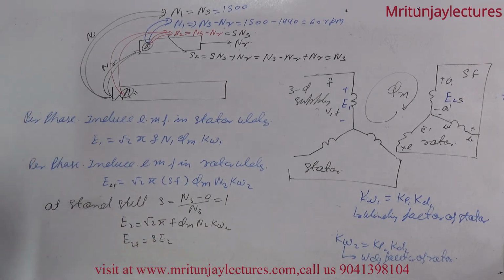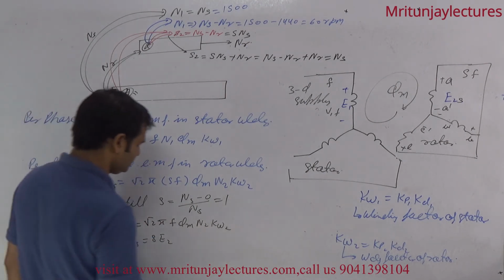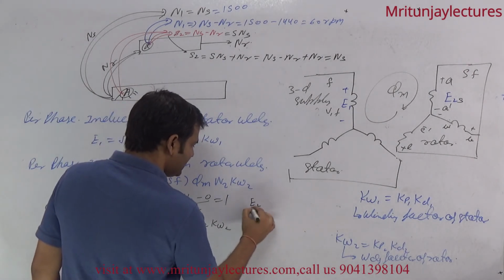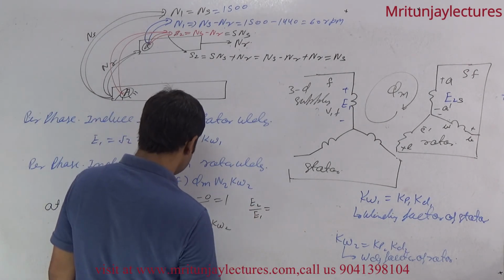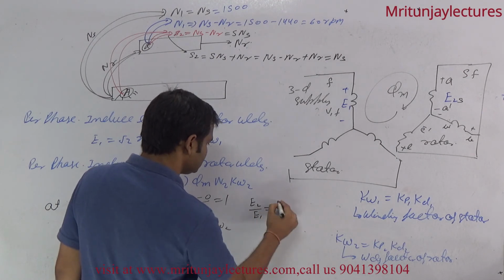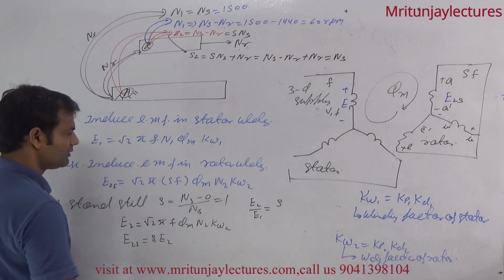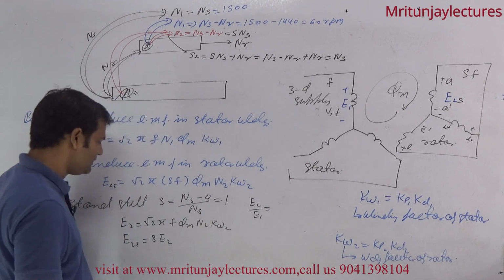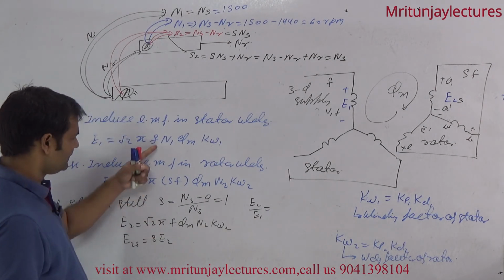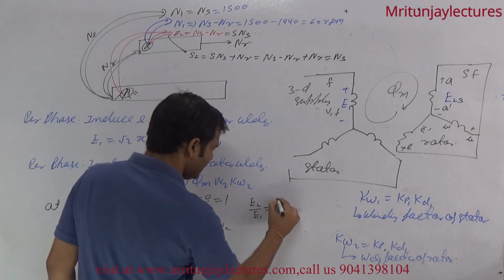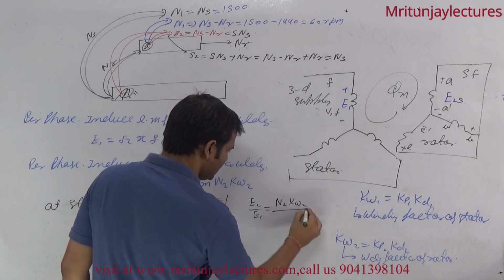Now E2 by E1 is written as N2 kW2 divided by N1 kW1.